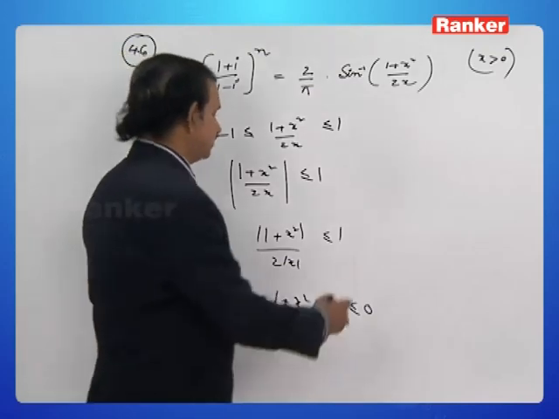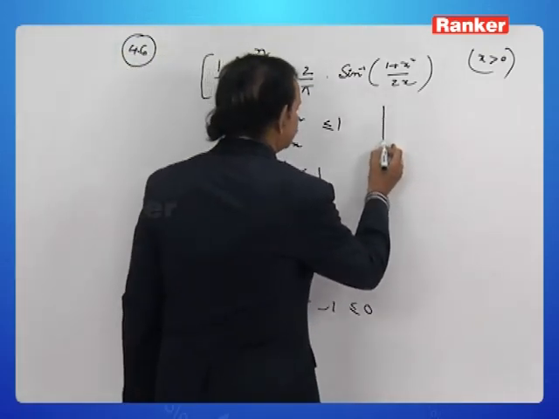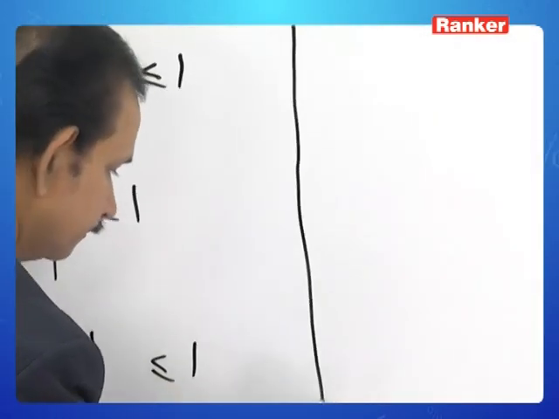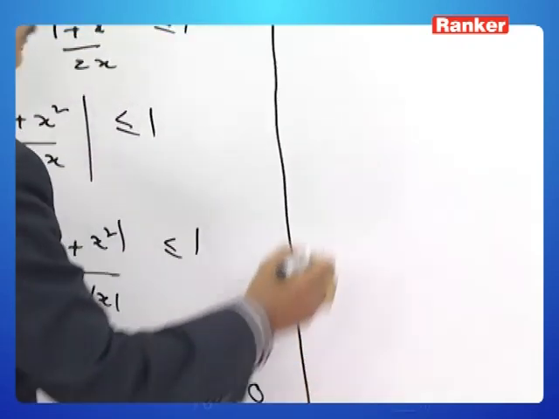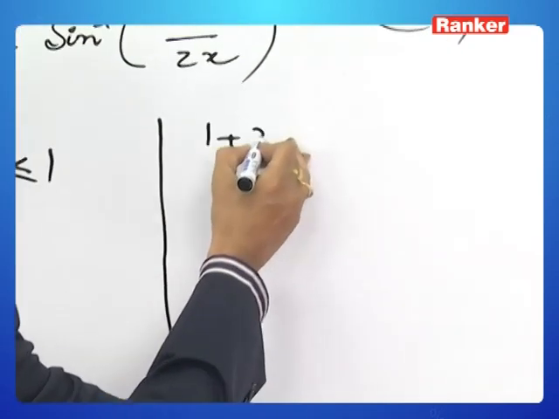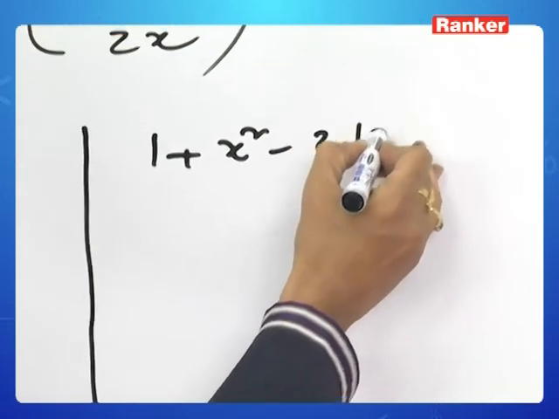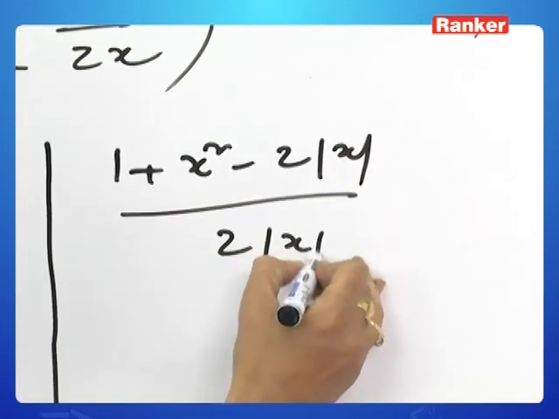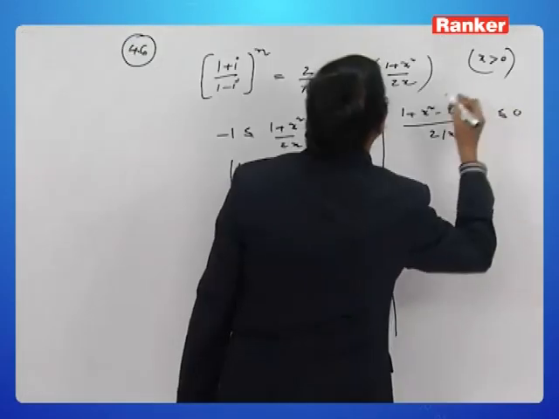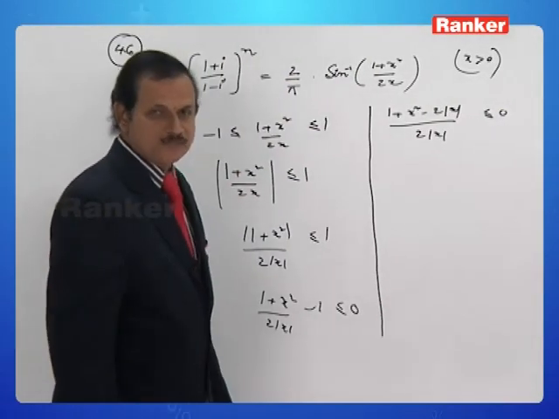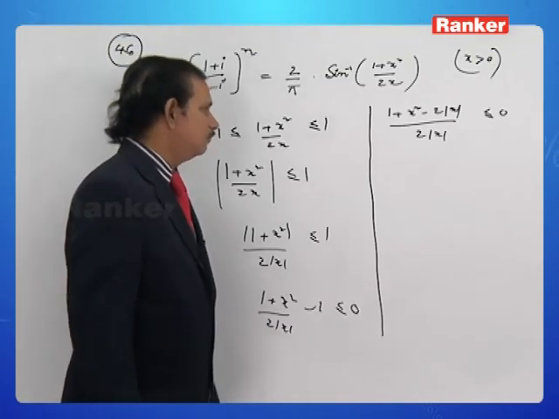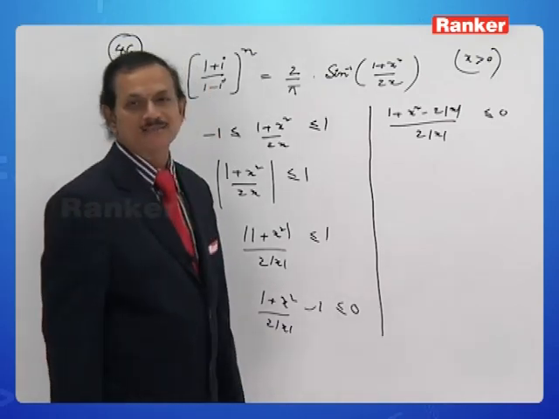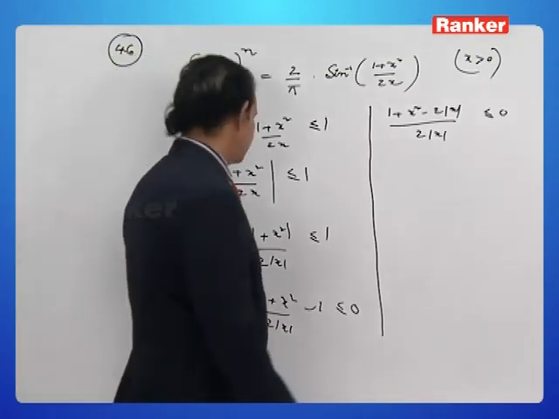Now you take the LCM. One plus x square minus 2 mod x, by 2 mod x, is less than or equal to 0.